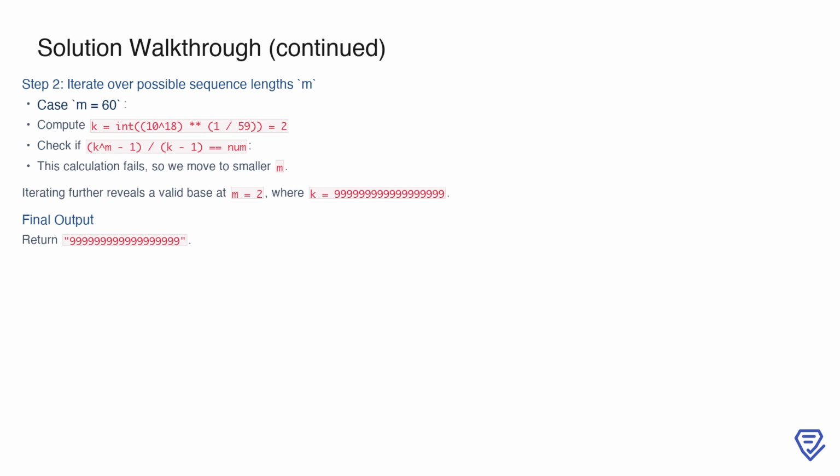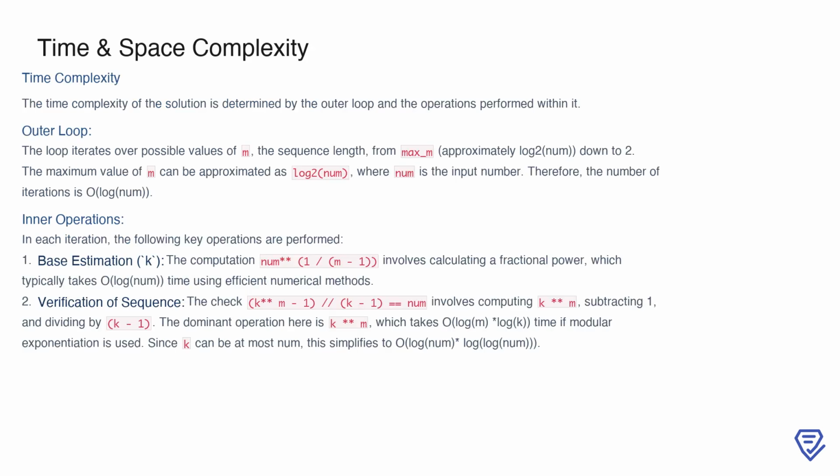After iterating over several values of m, we eventually find a valid base at m equals 2, where k equals 999999999999999999. This satisfies the equation, and therefore the output for this example is 999999999999999999.